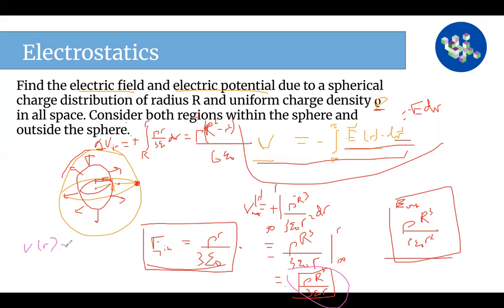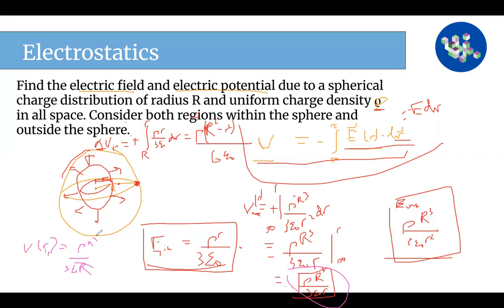But if it's inside of the sphere, then I know it will equal, so first, rho times big R cubed divided by 3 epsilon 0 times small r, and my final small r will be at big R.